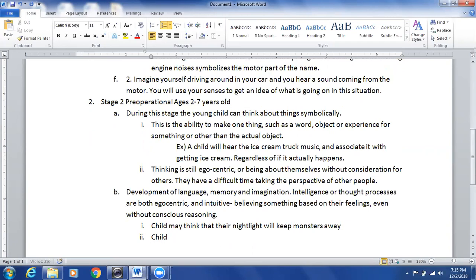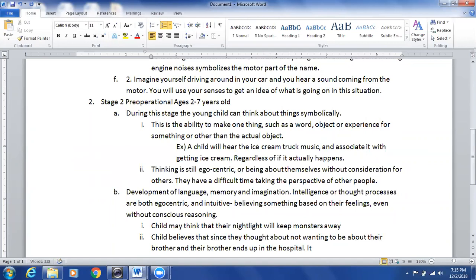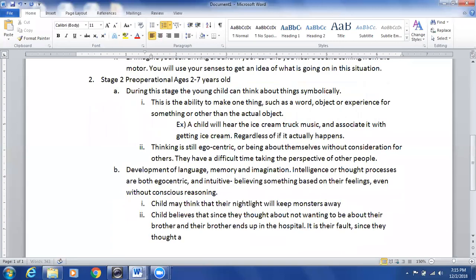Another example is the child believes that since they thought about not wanting to be around their brother, and their brother ends up in the hospital, it is their fault since they thought about it.